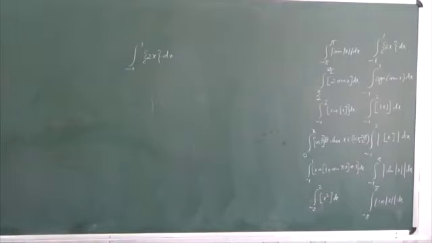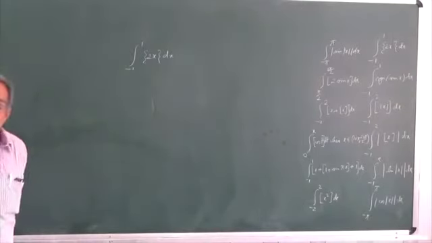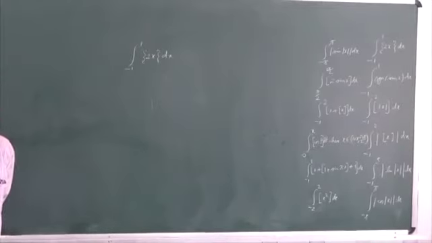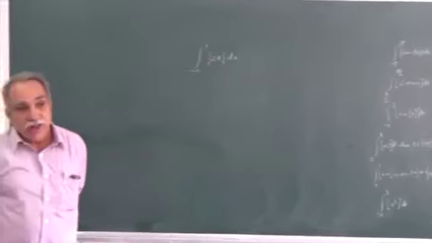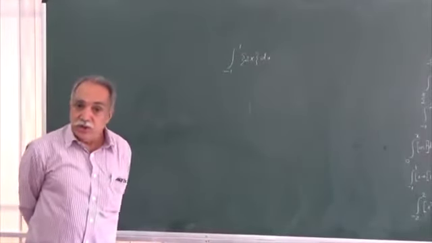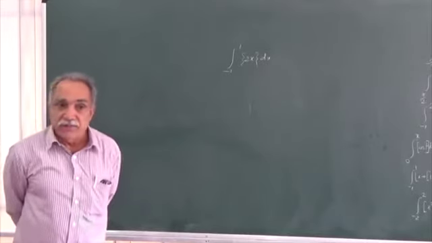For x between minus 1 and 1, 2x will be between minus 2 and 2. For every number between minus 2 and 2, will the same formula apply for the fractional part? No. For numbers in different intervals, you will have different expressions. For numbers between 0 and 1, the fractional part is itself.